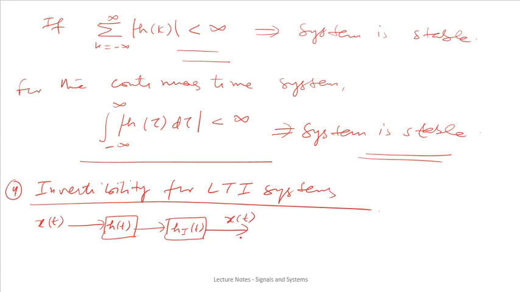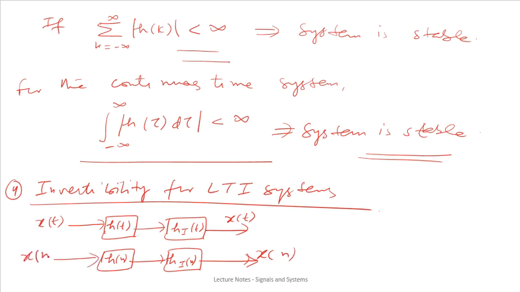This was for the continuous time case. Similarly you can also draw it for the discrete time case. So you know that this is a continuous time LTI system which has some impulse response h(t).